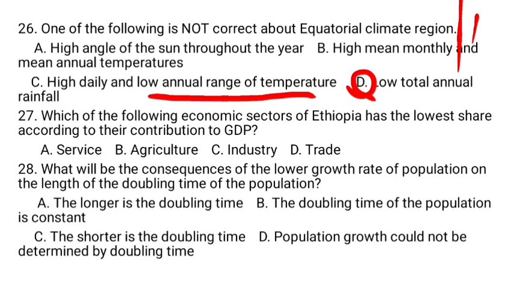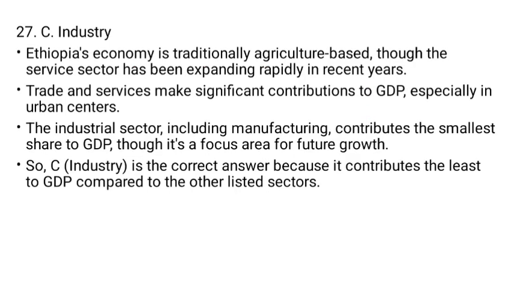Industry is the economic sector of Ethiopia which has the lowest share of GDP contribution. Why? Because Ethiopia's economy is traditionally agriculture based, and the service sector has been expanding rapidly in recent years. Trade and service make significant contributions to GDP, especially in urban centers.